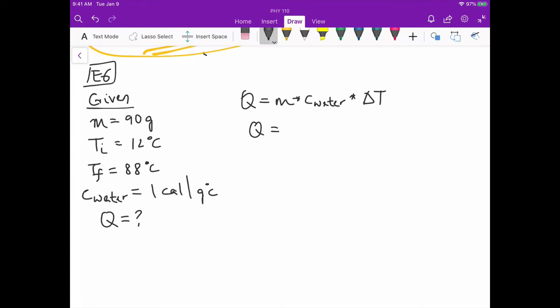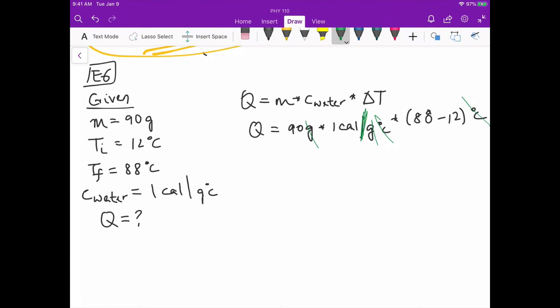Okay, so mass 90 gram, C 1 calorie per gram per degree Celsius, your temperature change 88 minus 12. You can eliminate the units if you want. Degrees Celsius cancels degrees Celsius, gram cancels gram, because this symbol is per.